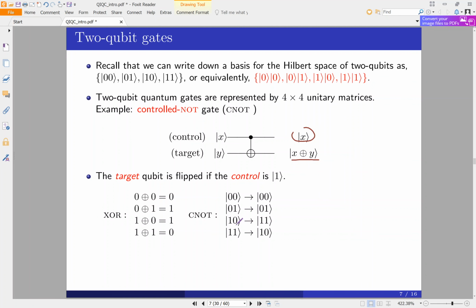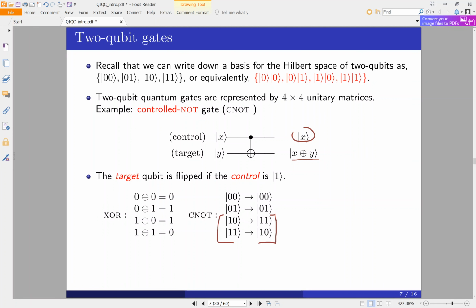So the target has now gotten flipped here. Similarly, when the control is 1 and target is 1, after the action of the CNOT gate, the control remains 1, but the target has again gotten flipped because 1 XOR 1 is 0. So only in the case that the control qubit is 1, you see that the second qubit has been flipped. So this is a controlled NOT gate.